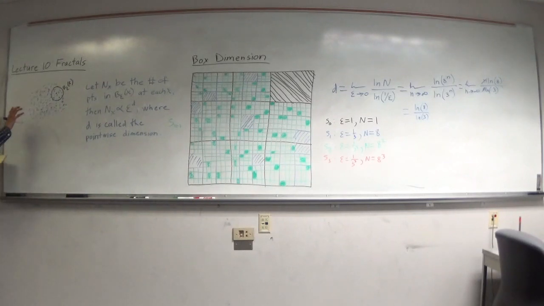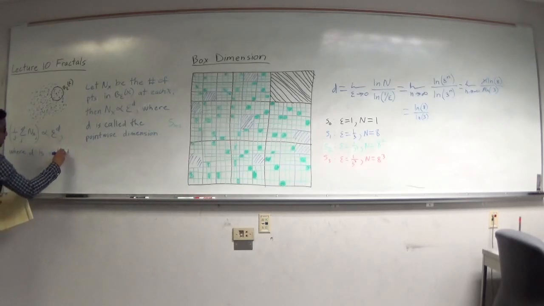If we average over many x's, we're going to get, say, 1 over J, summed over j, of n_{x,j}, and this thing is going to be proportional to epsilon to the d, where this d is called the correlation dimension.